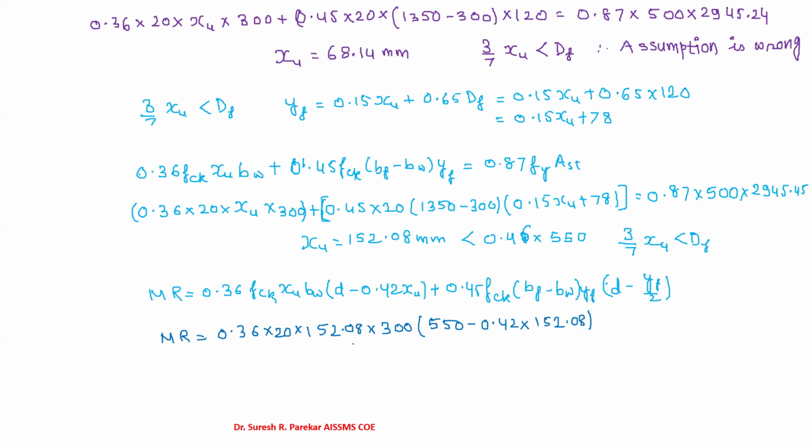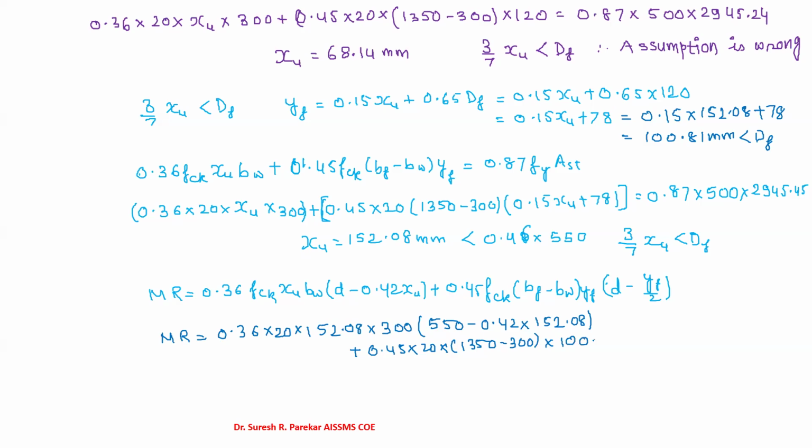This is of the rectangular section, plus 0.45 FCK, that is 20, into 1350 minus 300, YF. Now if I put the value of XU over here, 0.15 into 152.08 plus 78, and by solving this, we get the value of YF as 100.81. And this value should be less than DF, and we have this.